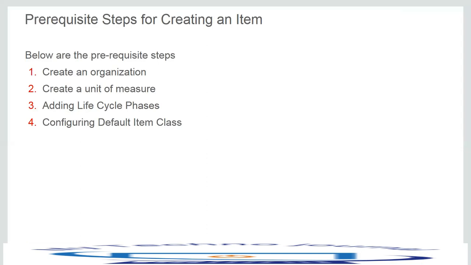But if you do not have the Product Hub customer license, that is for all other Fusion application customers, we can use the default root item class only. So we will be covering that shortly in the next couple of slides as well.